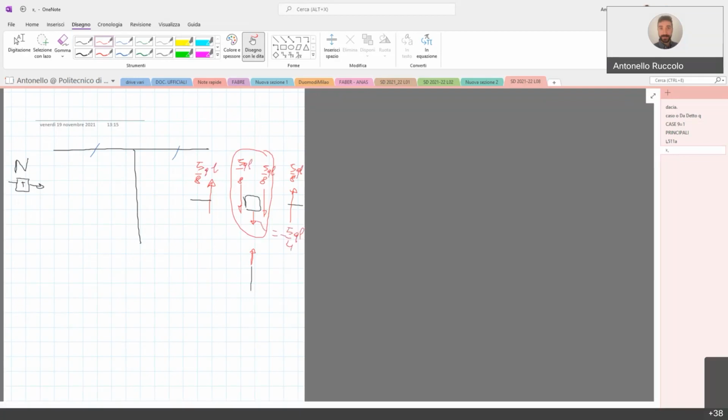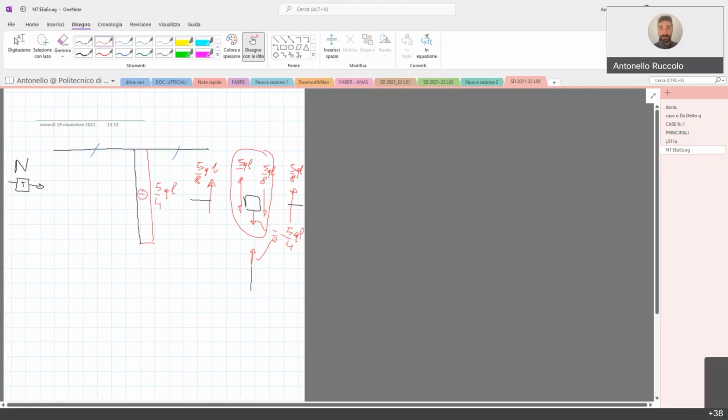It means that also this is minus 5 over 4 QL. So it is compression, negative 5 over 4 QL.